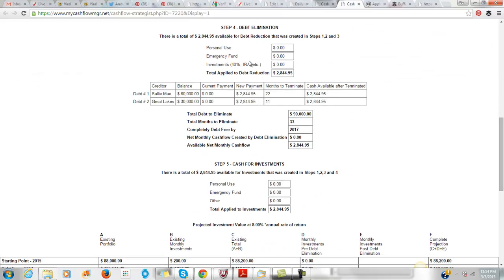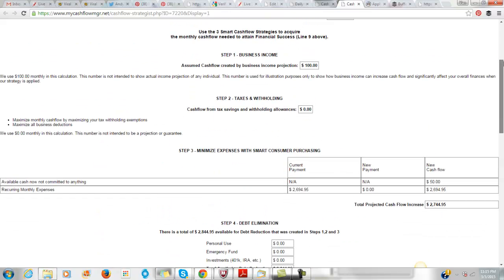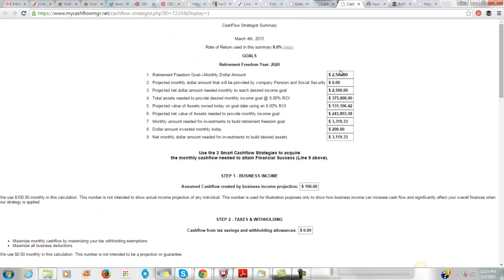This is the strategist. It shows you how to do that. It shows you how to apply the strategies to pay off your debt in a shorter amount of time. But my main part that I wanted to show you was the retirement freedom goal and the numbers that you can plug in here.